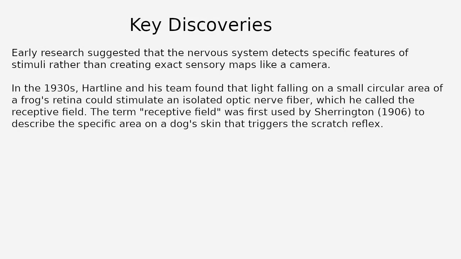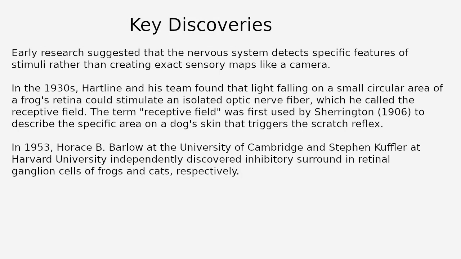The term receptive field was first used by Sherrington to describe the specific area on a dog's skin that triggers the scratch reflex. In 1953, Barlow at the University of Cambridge and Kuffler at Harvard University independently discovered inhibitory surround in retinal ganglion cells of frogs and cats, respectively.